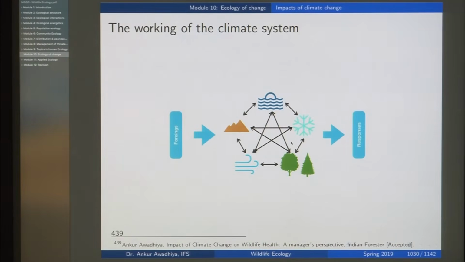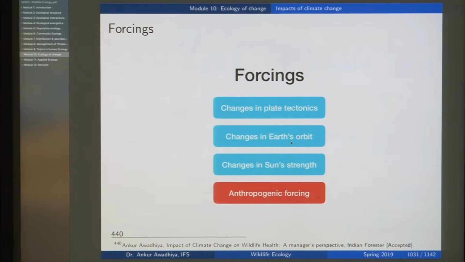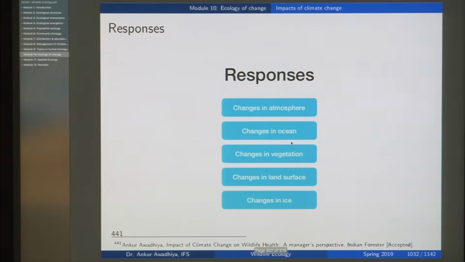So, when you have the climatic system, you give it certain stimuli, it produces a certain response. So, these stimuli are known as forcings and they produce the responses. Forcings include changes in the plate tectonics, changes in the Earth's orbit, or changes in the sun's strength, or changes in the anthropogenic forcing. And anthropogenic forcing is the most prominent forcing that is occurring today.